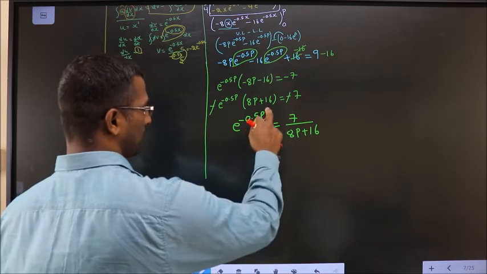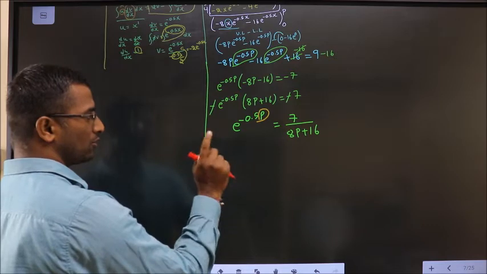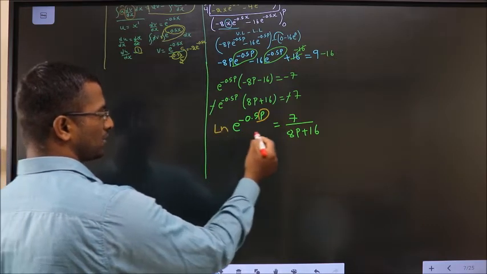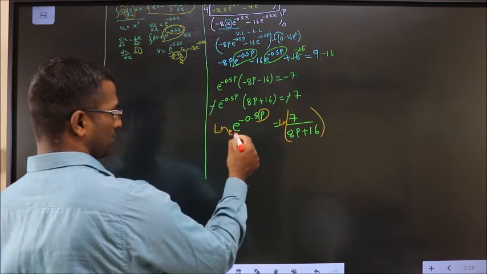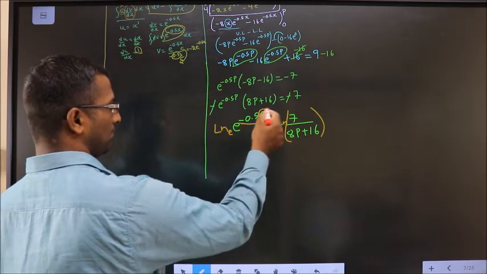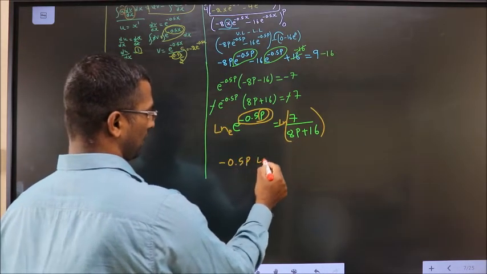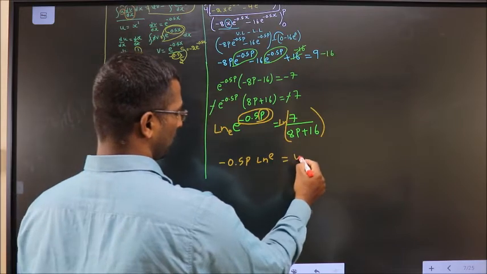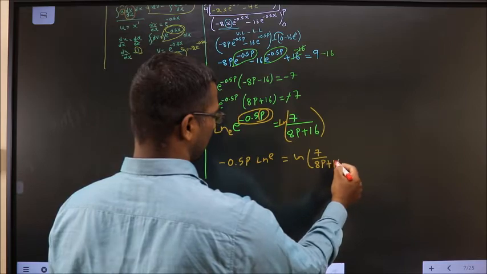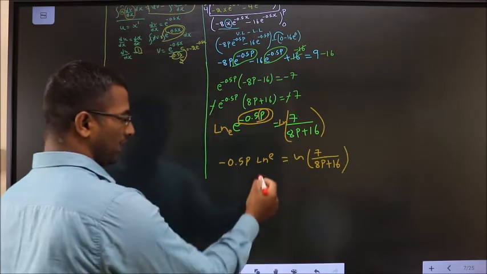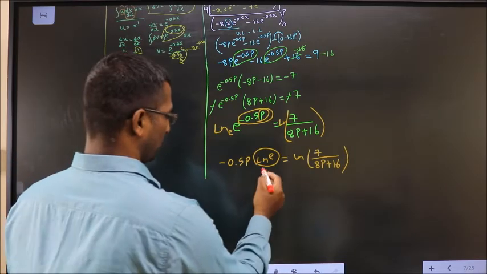Now I should make p the subject. To make p the subject, this e should be removed. That can only happen if I take ln on both sides. Now the power will come before the natural logarithm. So that is minus 0.5p ln e is equal to ln of 7 by 8p plus 16. Now ln e is 1.